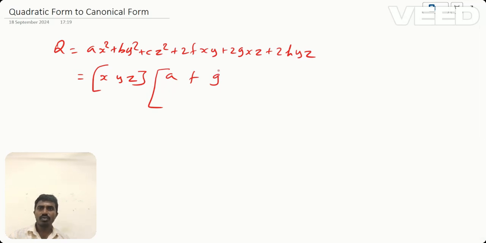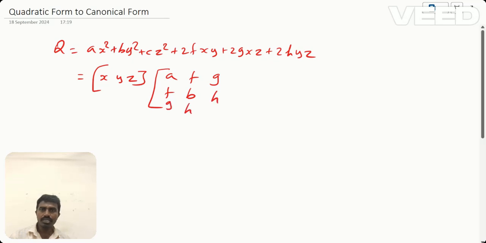Similarly, here the coefficient of yx, which is the same as xy, so f. Then the next is the coefficient of y square, b, and the next is the coefficient of yz. The yz coefficient is 2h, half is h.